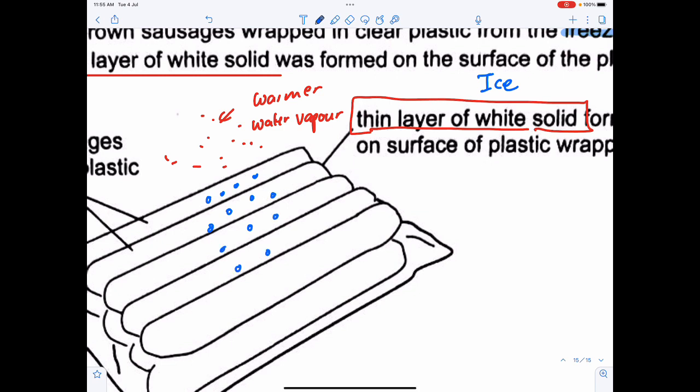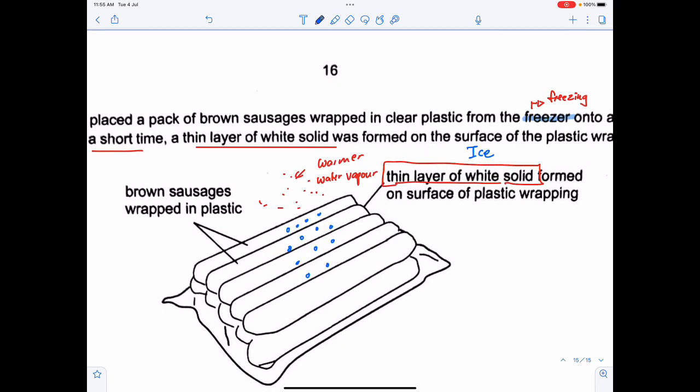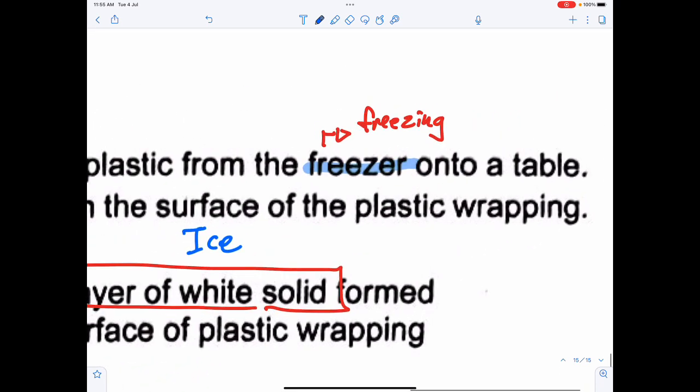Now, once they become tiny liquid water droplets, the next question you will ask me is, but Mr. Chong, isn't this liquid water droplet? Yes, you are right. However, don't forget, these sausages came from your freezer.